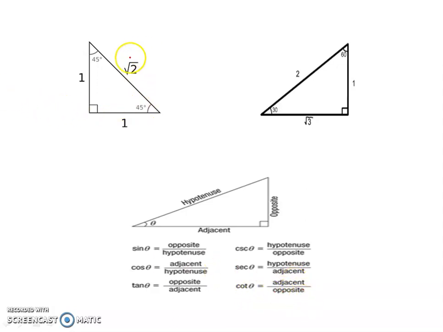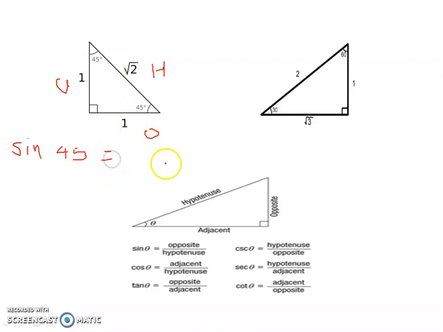Now start from this diagram. Suppose we have to find sine 45 degree. I consider this the hypotenuse, this adjacent and this opposite.